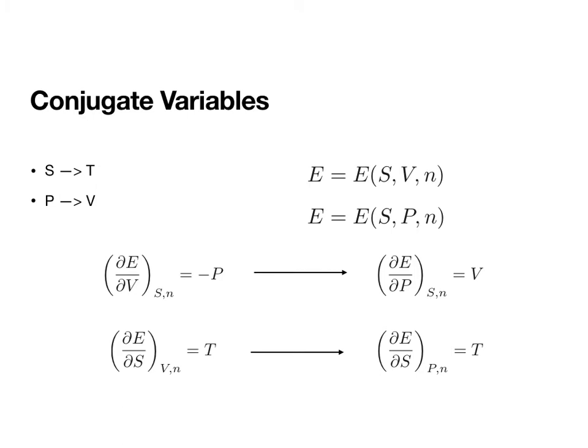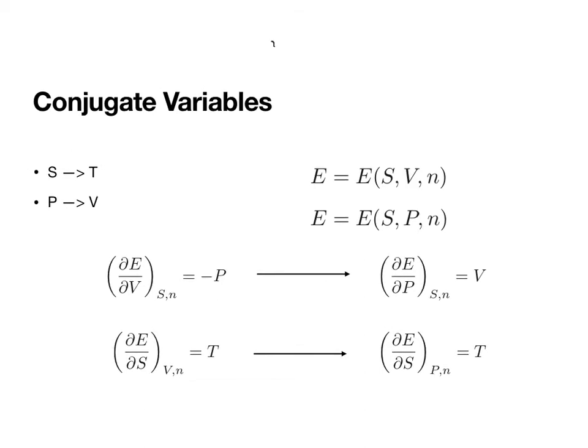Okay, now, conjugate variables. So if you noticed back in the energy, that we have dE is equal to TdS minus PdV plus mu dN. We have temperature and entropy together, and we have pressure and volume together.